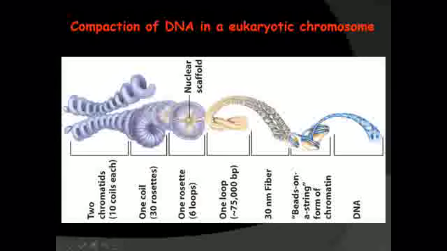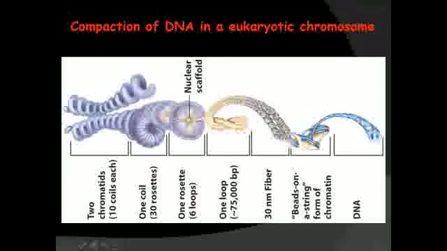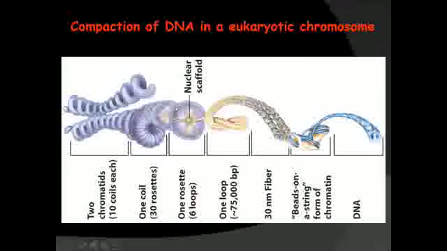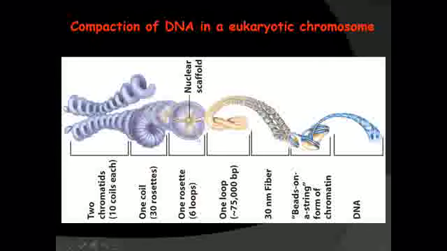The 30 nanometer fiber coils extensively to form a loop. One loop consists of approximately 75,000 base pairs of DNA. Six such loops form one circular structure which is called a rosette.